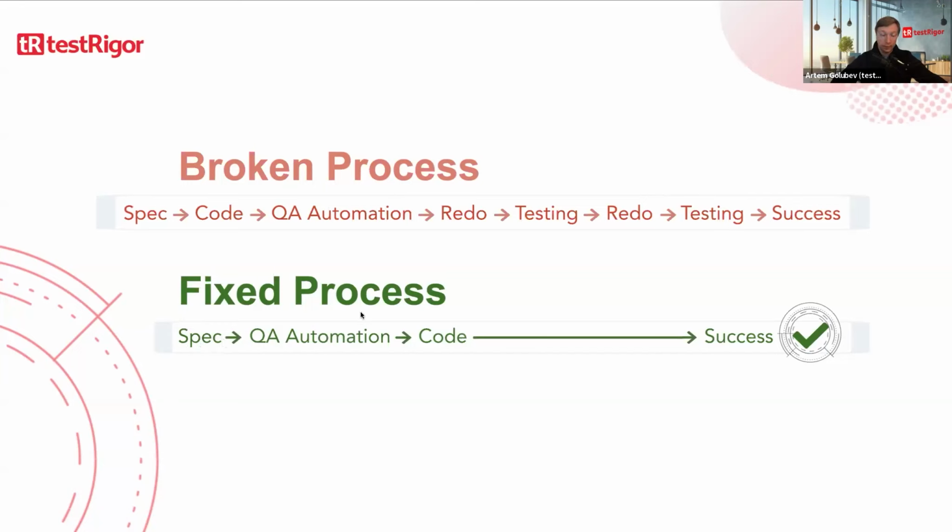Moreover, in testRigor, QA automation itself is in plain English, so product managers can directly review the QA automation that had been written. That's not possible at all in here. So nobody knows what QA automation engineers do there. Here, the QA automation is written in English, and therefore it's a shared understanding.